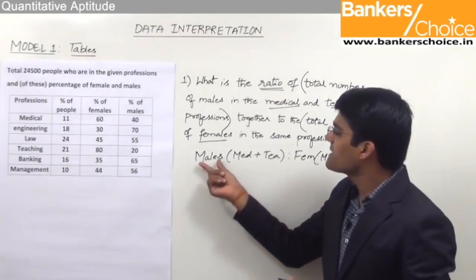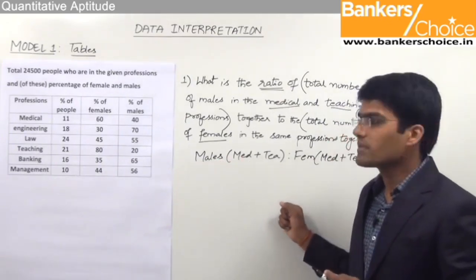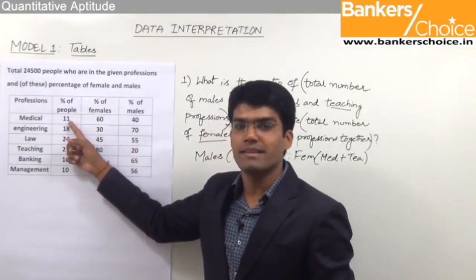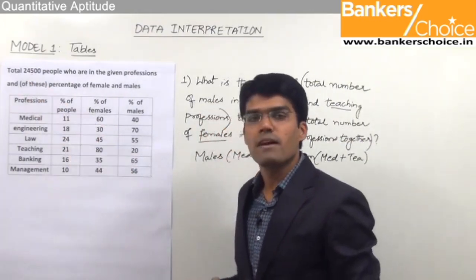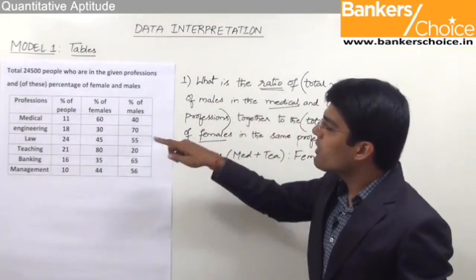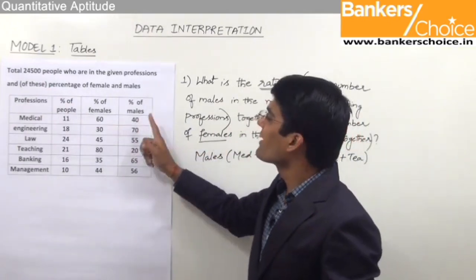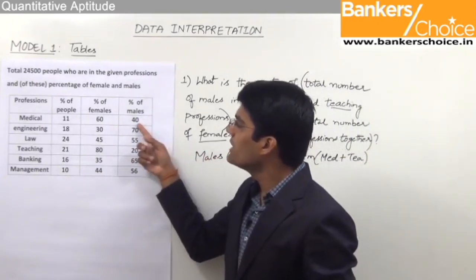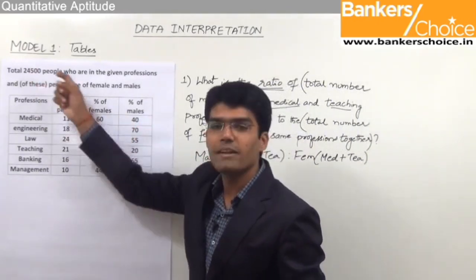Now, the first part that is required is males in the medical profession. As we know, the total number of people in the medical profession is 11% of 24,500. And out of those people in medical, 40% are males. So the number of males in medical can be taken as 40% of 11% of 24,500.